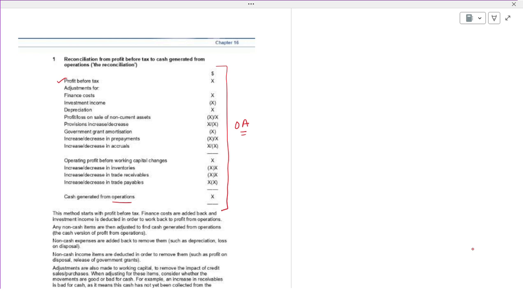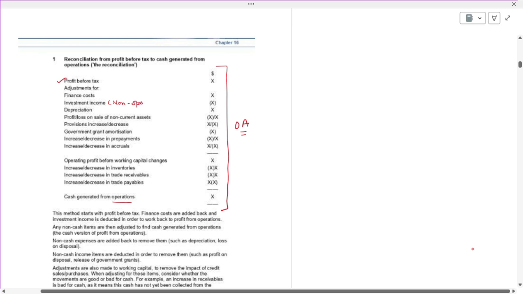Investment income is non-operating, which is why you have to deduct it. Depreciation should always be added, because it is a non-cash expense. Any profit or loss on sale is non-operating.